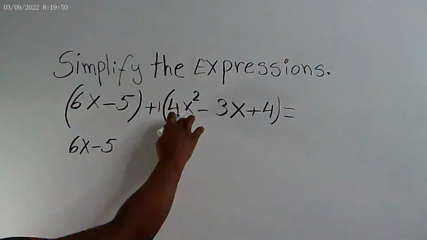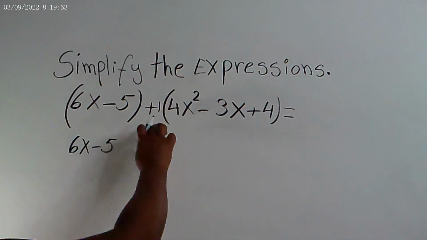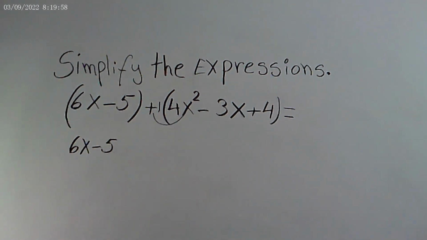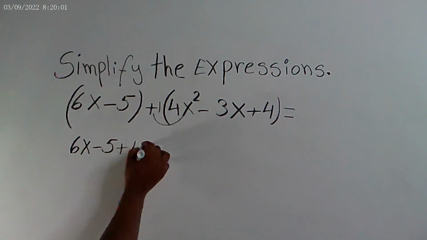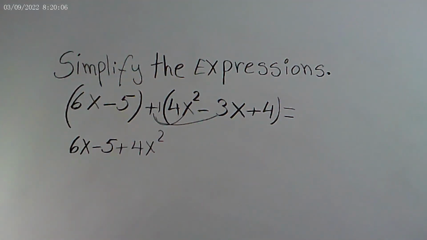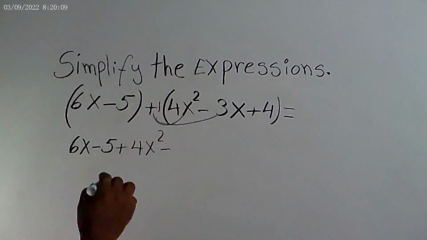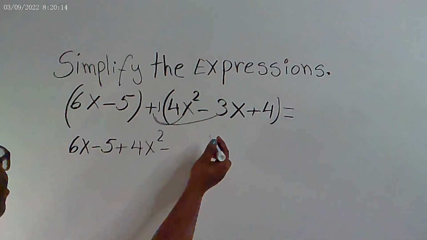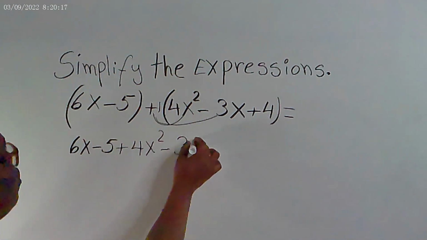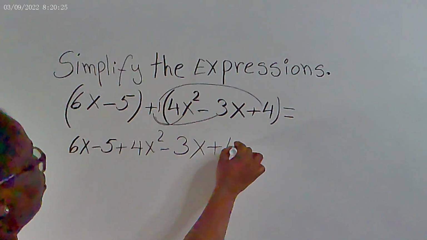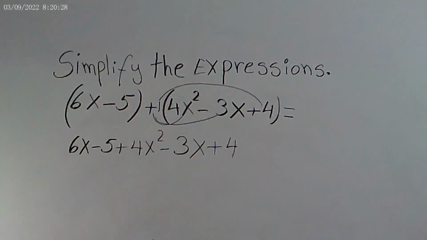You're going to multiply by all of the numbers inside. So plus 1 times 4x squared gives you 4x squared, plus 1 times minus 3x. When you have a plus times a minus, it gives you a minus. Plus 1 times a minus 3x gives you minus 3x. And plus 1 times a plus 4 gives you plus 4, because plus times plus is a plus.